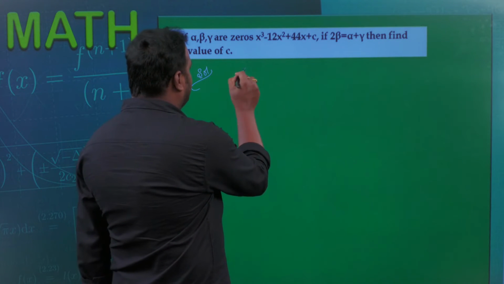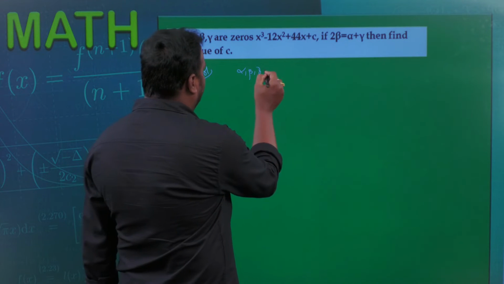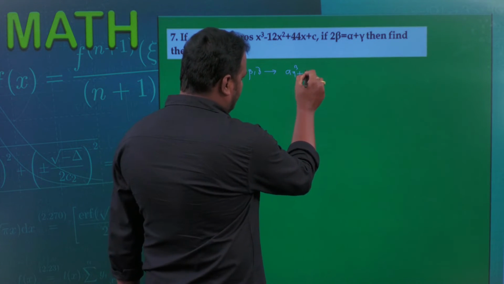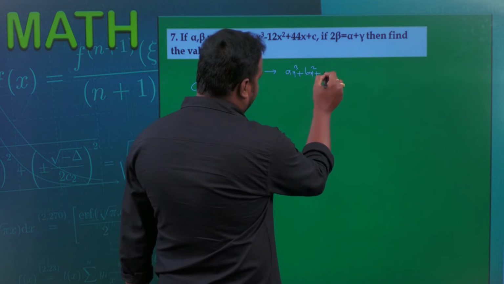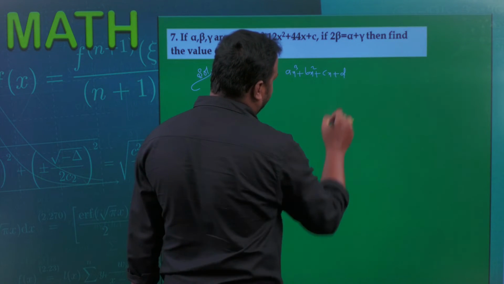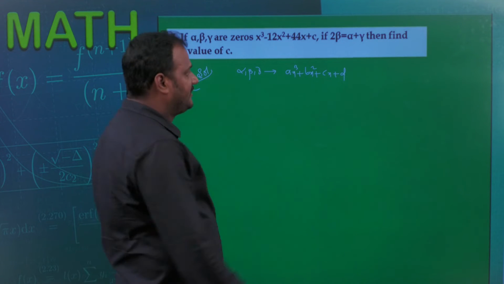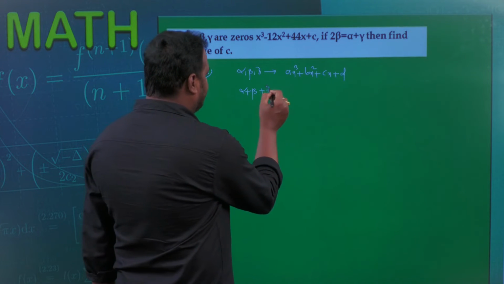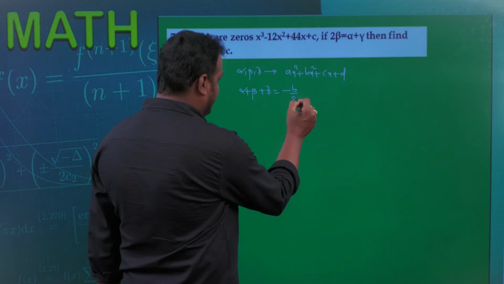Suppose alpha, beta, gamma are zeros of ax cube plus bx square plus cx plus d, then alpha plus beta plus gamma is again minus b by a.